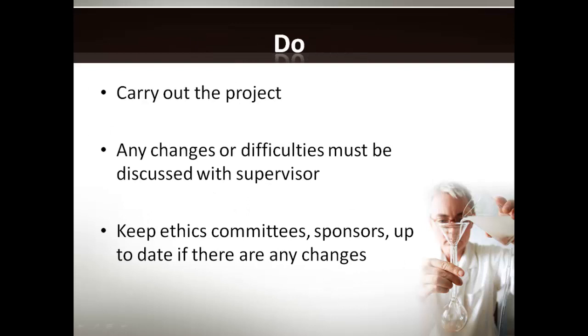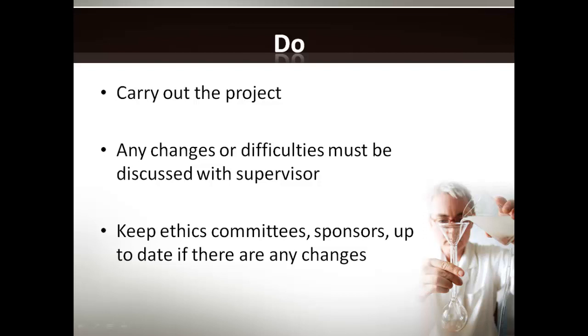We've considered the method stage of our 4 steps to success, and the next step is what to do. Now you need to actually carry out your project, and this is the most exciting part, because you've conceived an idea, you've figured out your methods, and now you're actually doing it. You need to be flexible with the project.